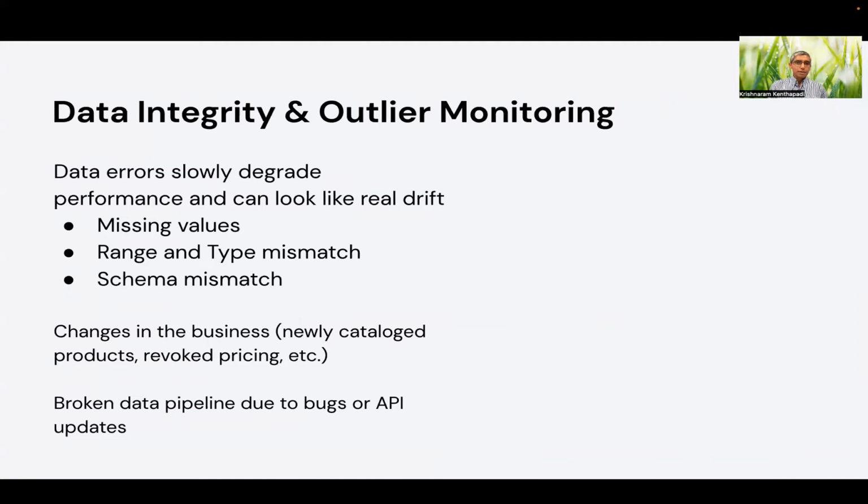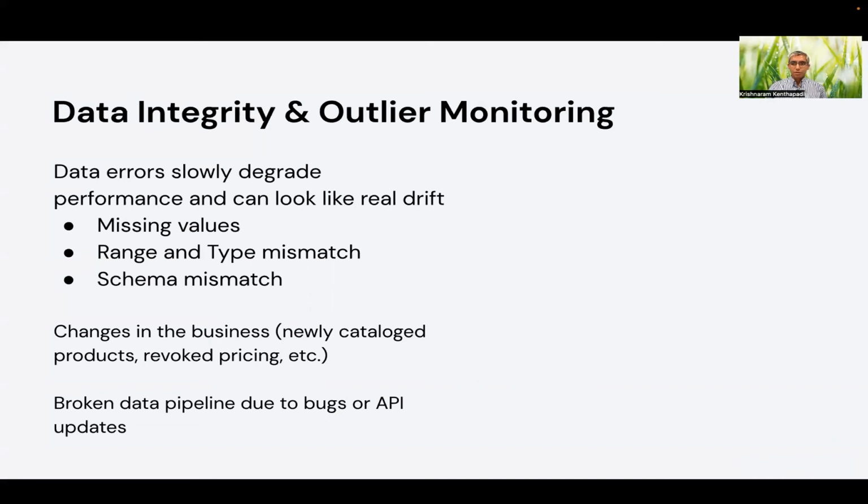Unlike in non-machine learning applications, machine learning applications tend to be very forgiving. Even if incorrect data or missing data is fed to the machine learning model, the model may still produce an output, just that it may not be as reliable as before. So there are different types of data errors.